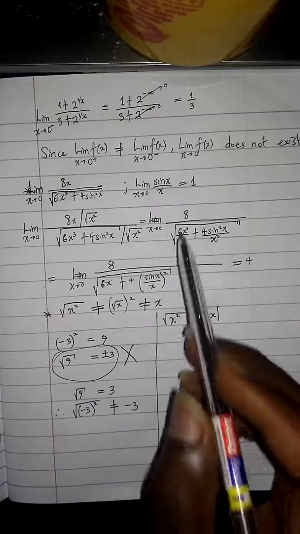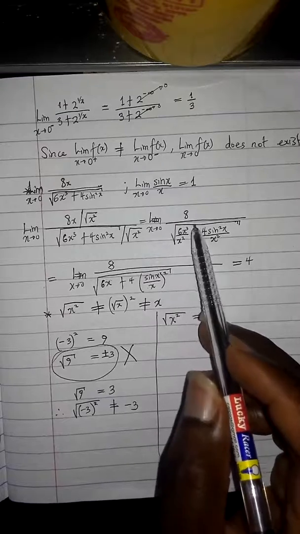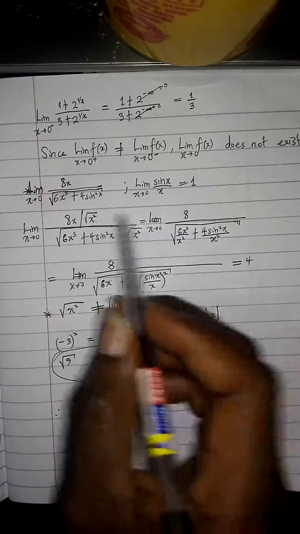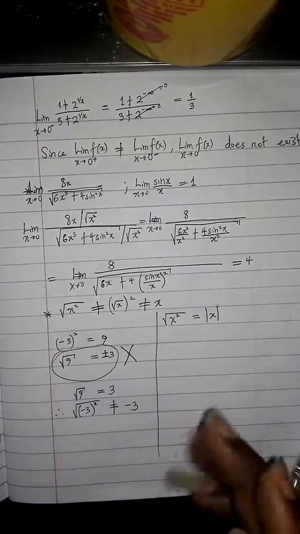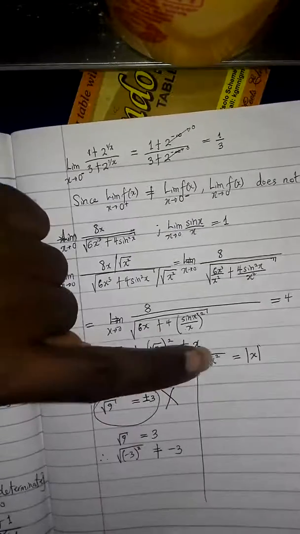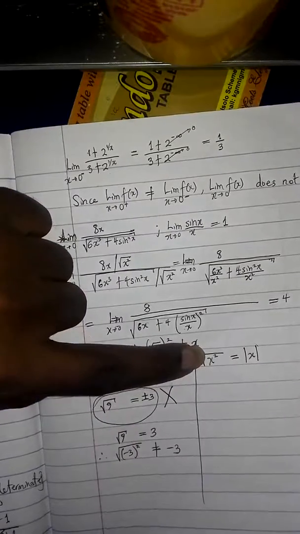So when even roots are involved, please bear in mind that the square root of x squared is not x. The fourth root of x squared, or x raised to the power 4, as the case may be, is not x. It is simply the modulus of x. I guess that is clear now. So then, what is the proper way to solve this problem, bearing this fact in mind?